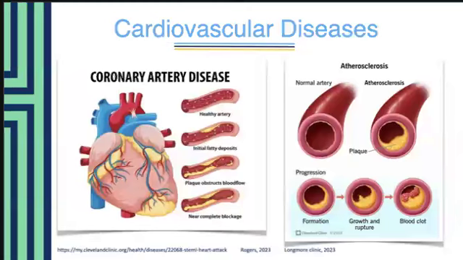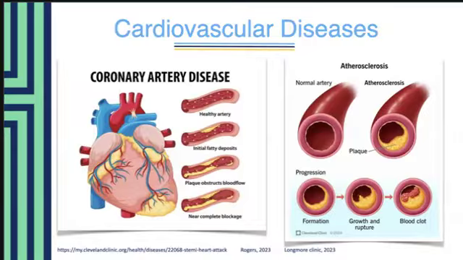So additionally, LPA promotes the recruitment of inflammatory cells and the proliferation of smooth muscle cells, further exacerbating the atherosclerotic process. So the pro-atherogenic properties of LPA, including foam cell formation, inflammation, and smooth muscle cell proliferation, significantly increase the risk of cardiovascular disease.